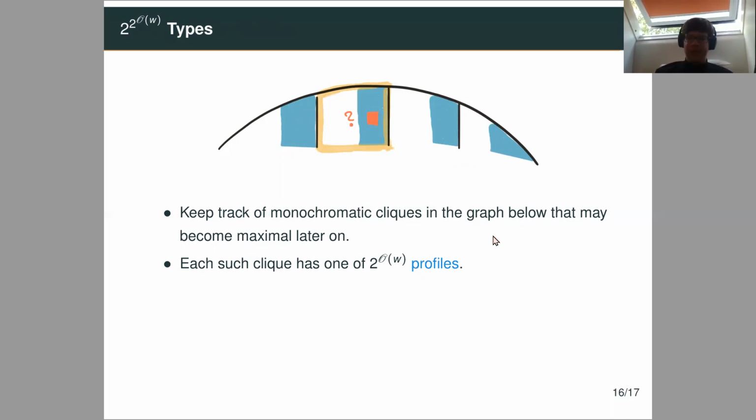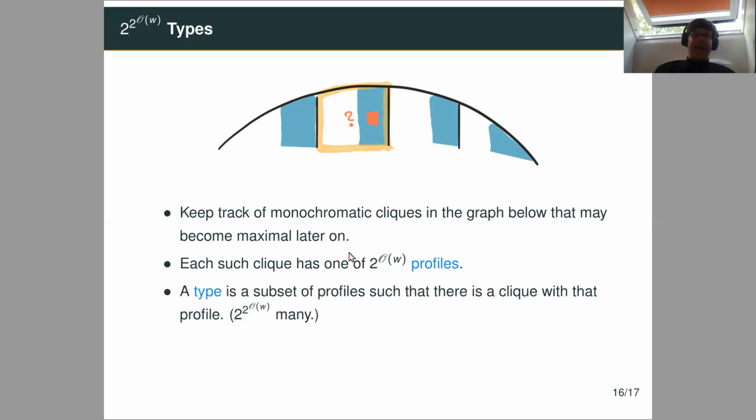And then there will be some other information, but in the end, it's a constant amount for each equivalence class. So there are 2 to the W many profiles in the worst case. And then a type of a color class is simply the subset of profiles such that there is a clique with that profile. And this is why we have this double exponential dependence on the number of equivalence classes.